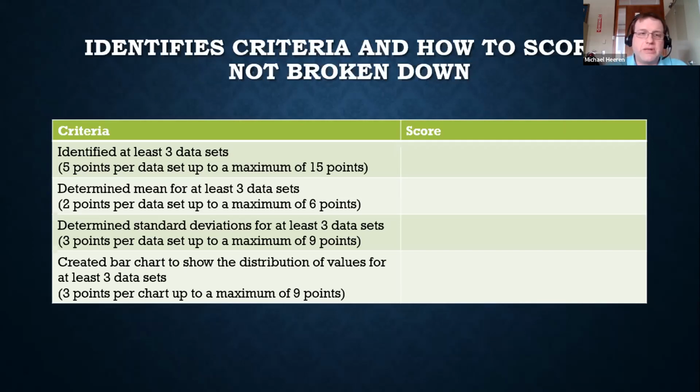The student would say, well, I should get 100 points because it was 5 points per data set. And that's why you'd want to have that cap on there so students can't argue.